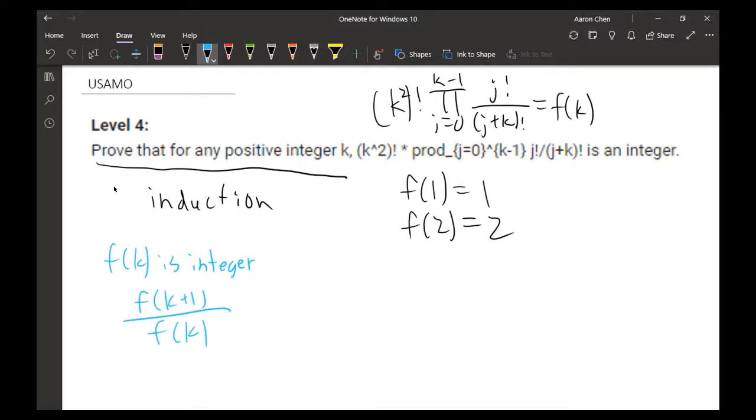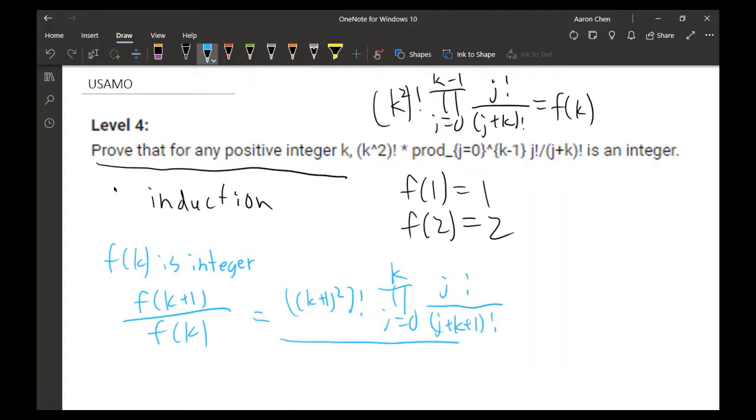When we substitute k plus 1 into k, we find that this is k plus 1 squared factorial times the product from j equals 0 to k of j factorial over j plus k plus 1 factorial.